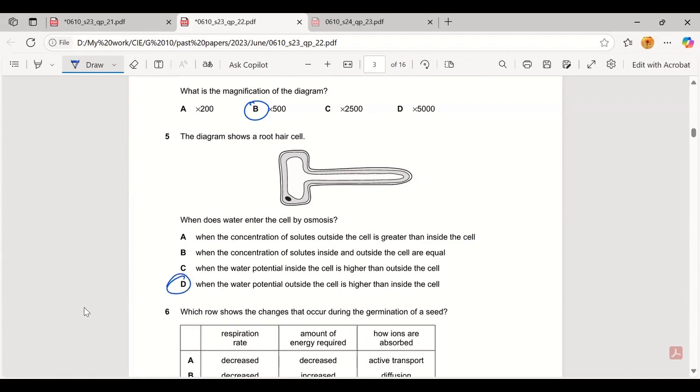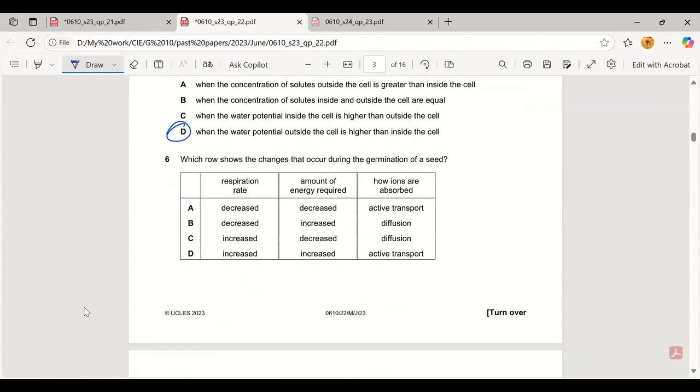D. Yes, very good. Which row shows the changes that occur during a germination of a seed? And I will ask Sajid. D. Yes.